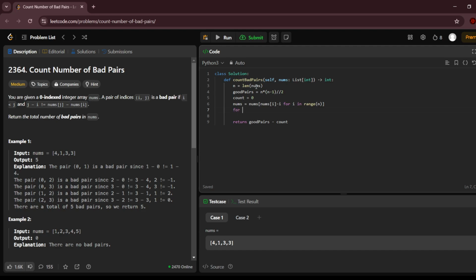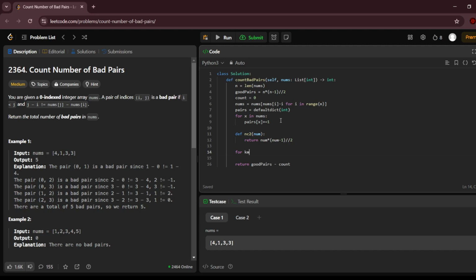And then we can just iterate over nums, and we can store the count of each distinct value in a hash map or a default dictionary. So let's say pairs of x equal to 1, and we can define an NC2 function which takes a num and returns the NC2 of num, which is num times num minus 1 by 2.